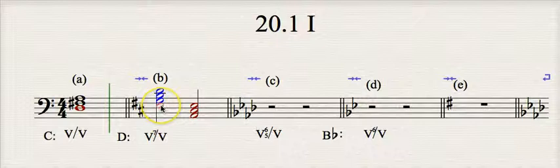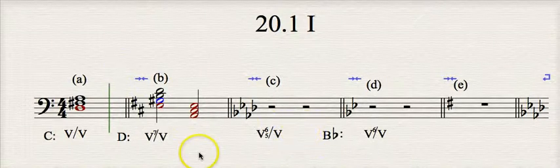So not E, G, B, but rather E, G sharp, B. So I'm going to add a sharp to the G. And that is the correct answer.